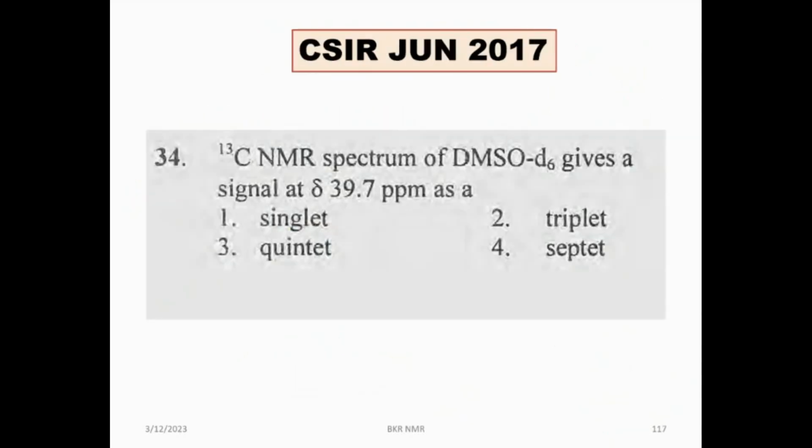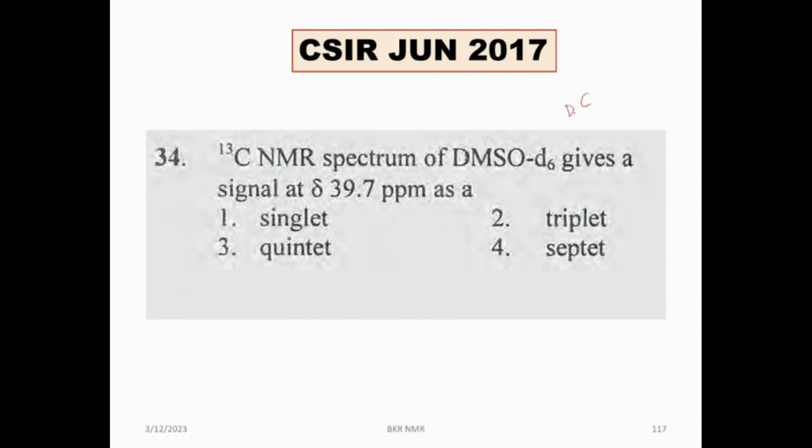The C13 NMR spectrum of DMSO-D6 gives a signal at 39.7 ppm as a what? What is DMSO? Dimethyl sulfoxide.